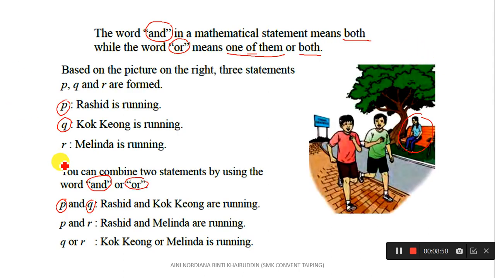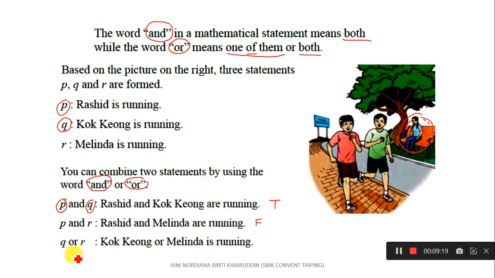Rashid and Kok Kyung are running: this is true because both of them are running. P and R, Rashid and Melinda are running: this is a false statement because only Rashid is running, Melinda is not running.